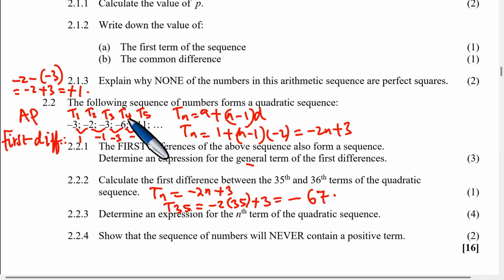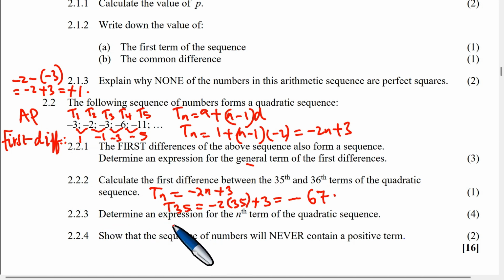Between term 3 and term 4, we get term 3, and so on. So I'm trying to respond to the question by Ayanda. Between term 35 and term 36, we get term 35. That is what is going to give us the first difference.